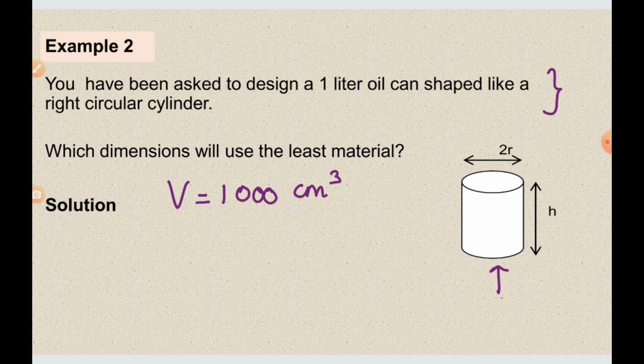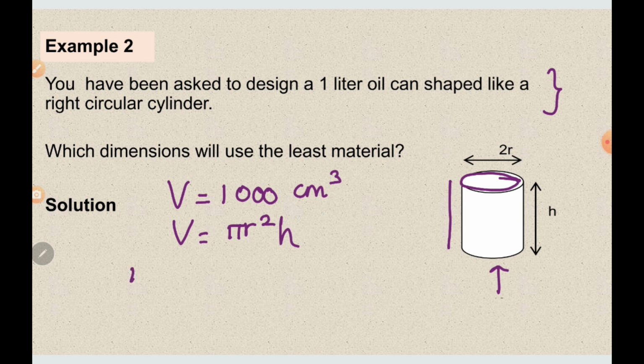So what is the formula for the volume of a right circular cylinder? The formula for volume is equal to the surface area of the circle here, which is pi r squared. Then you have to multiply with the height, h.